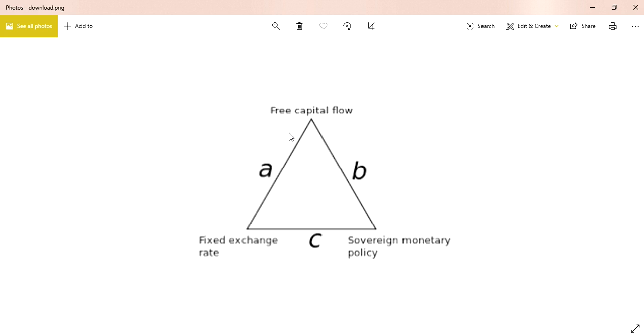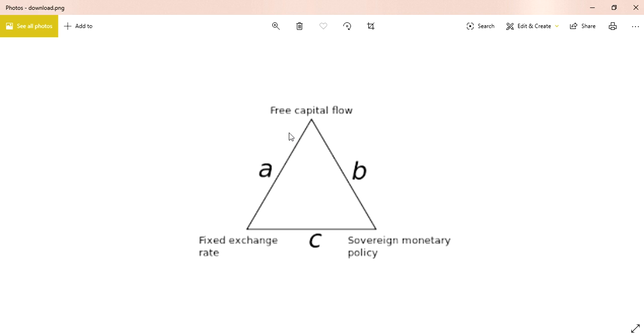Some countries keep their exchange rate fixed, not to fluctuate over time. Sovereign monetary policy is another one, where they have independent monetary policy. They can control the currency, or monetary system.